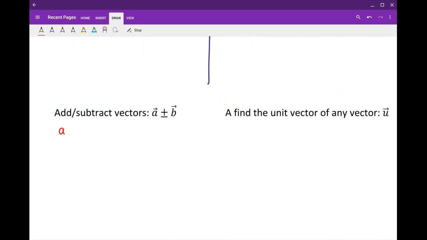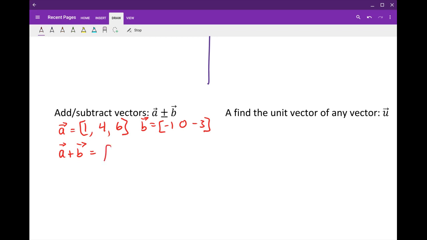Adding and subtracting vectors. So let's say I've got a vector A that's 1, 4, 6, and a vector B that's -1, 0, -3. What is A plus B? Well, as in 2 dimensions, you just add the corresponding components.